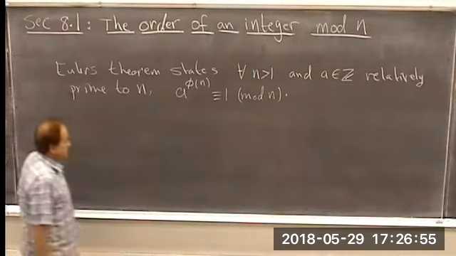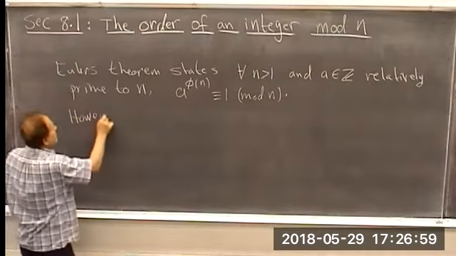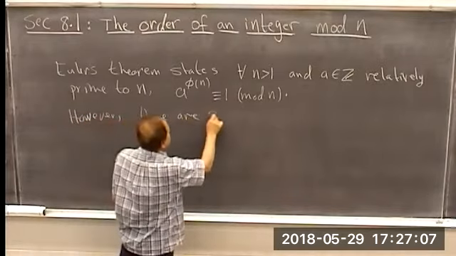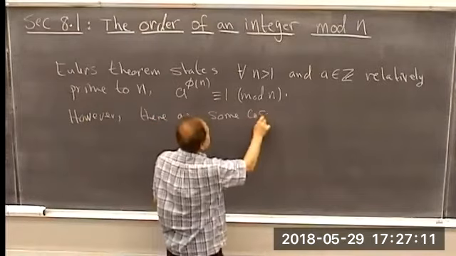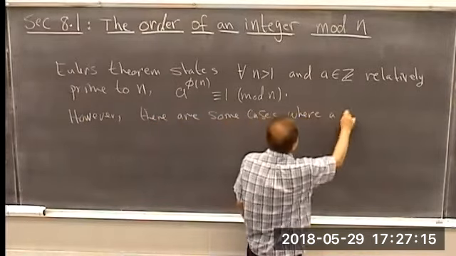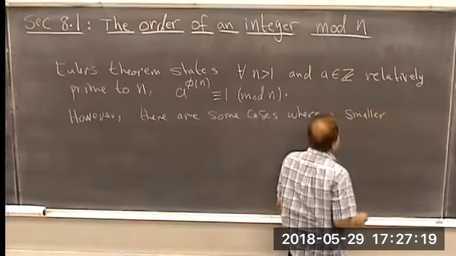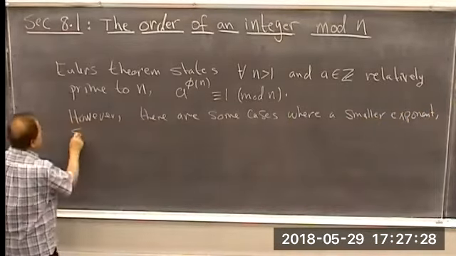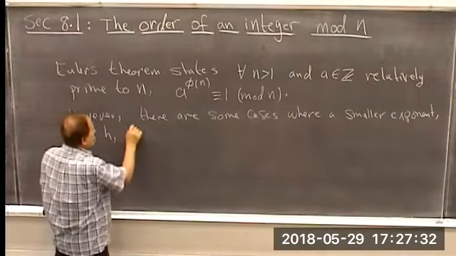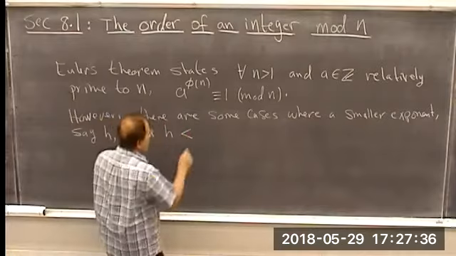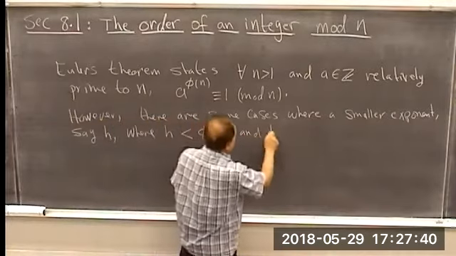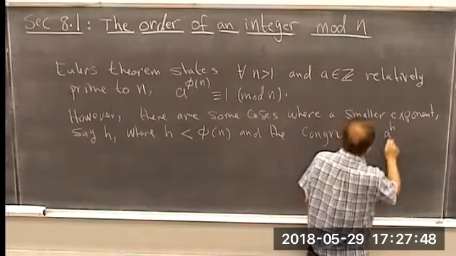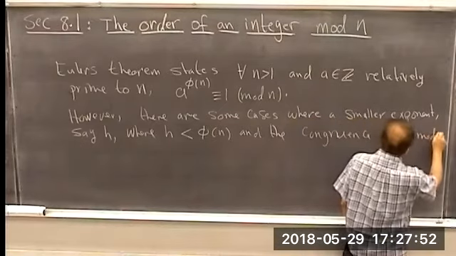However, there are some cases, actually many cases, where a smaller exponent, let's say h, where h is less than phi of n, and the congruence a to the h is congruent to 1 mod n holds.